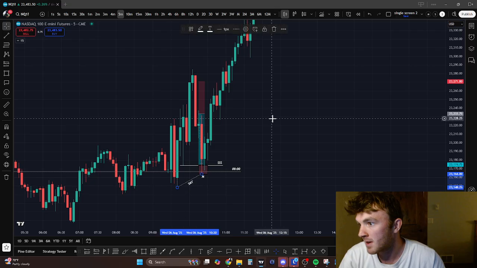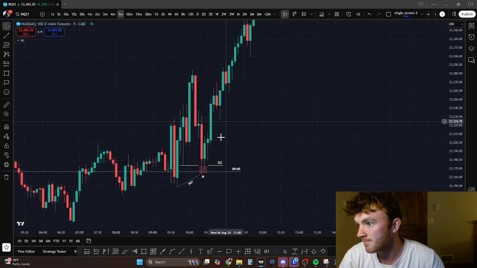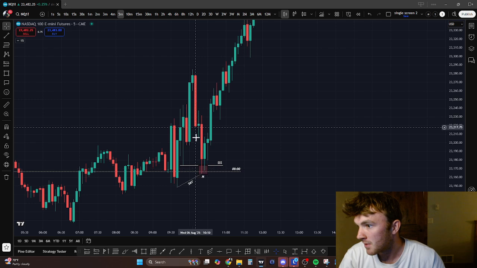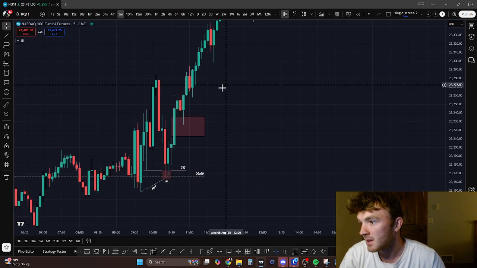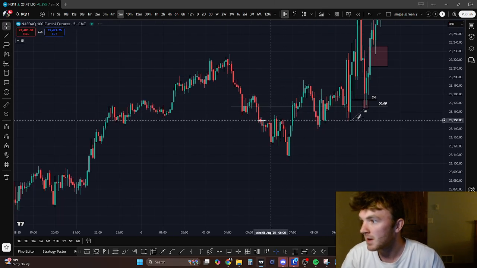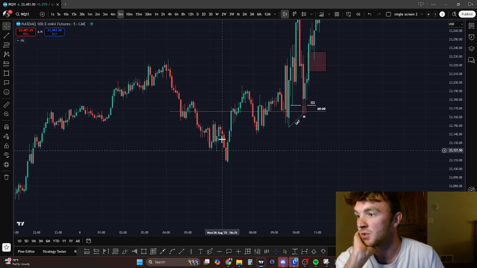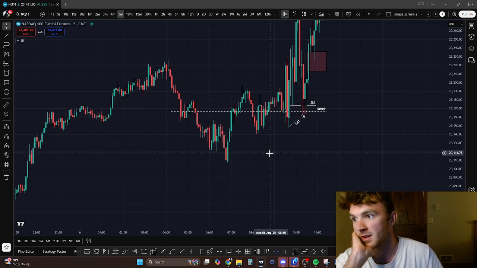So, yeah, I think that about covers it for today's market recap. And then also, once again, so this is the manipulation. We hold this fair value gap, and then we expand the entire rest of the day off of it. So pay attention to what fair value gaps are being held. Which way are we sweeping liquidity? Which way are we breaking structure?